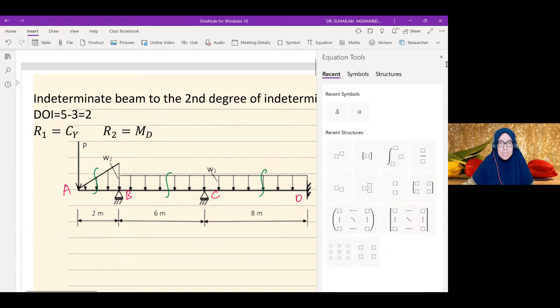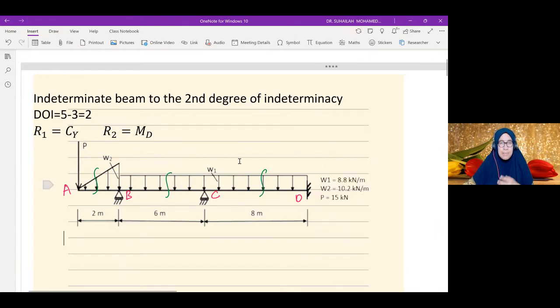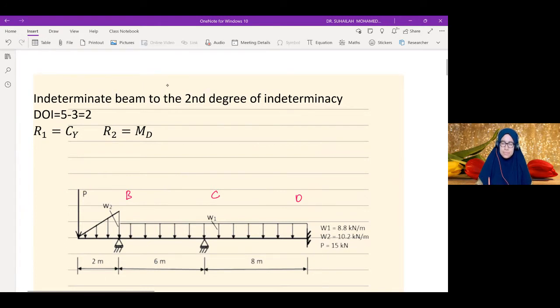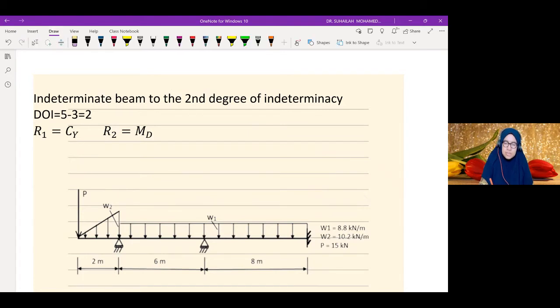So after we have chosen the redundants, we have to write the standard form of the compatibility equation.